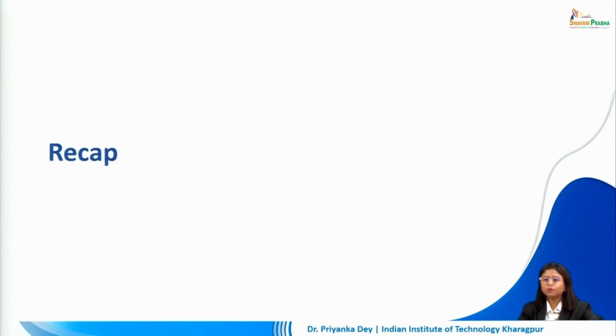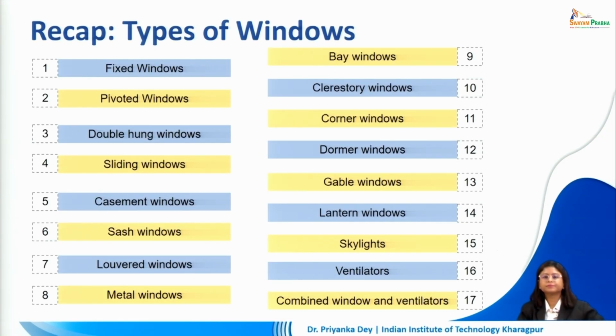Before we end this lecture and this module on doors and windows, let us take a quick recap. What are the types of windows that we could possibly have? Fixed windows, pivoted windows, double hung windows, sliding windows, casement windows, sash windows, louvered windows, metal windows.